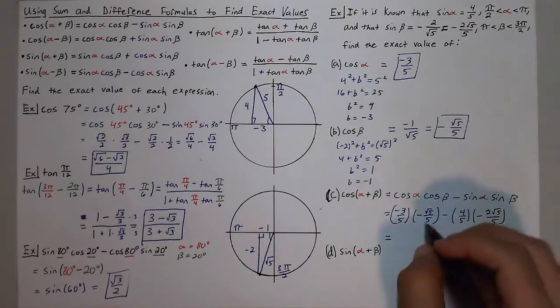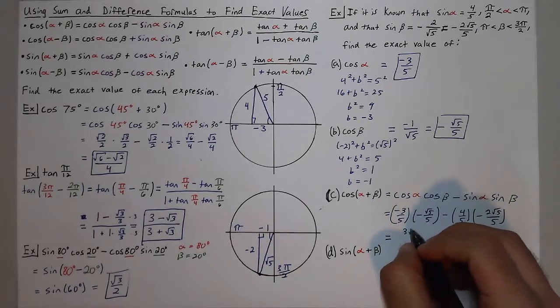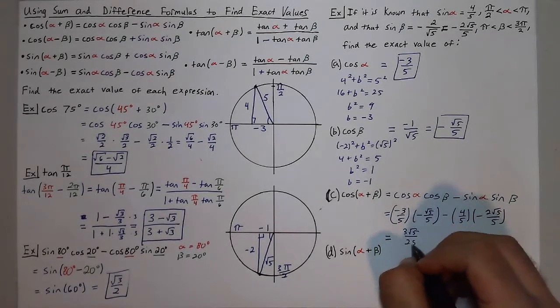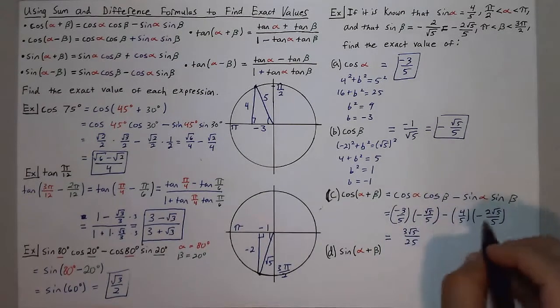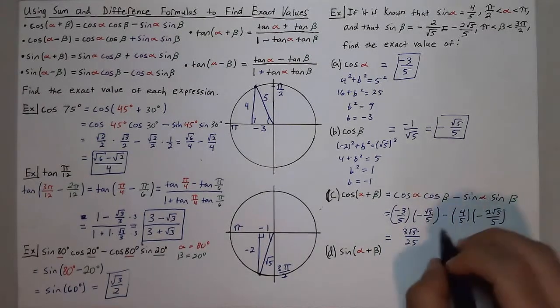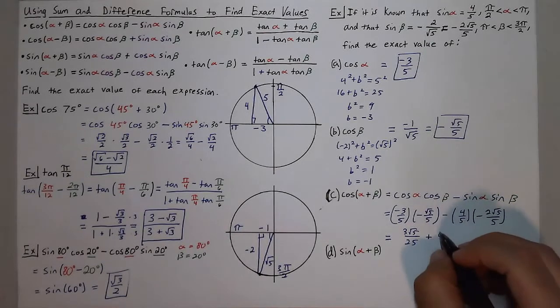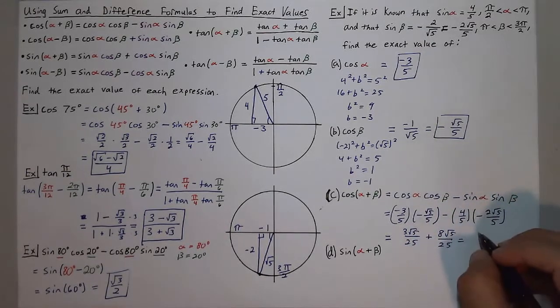Now, when I multiply these together, I get 3 square roots of 5 over 25. Here I have minus a negative, so it becomes plus 8 square roots of 5 over 25. And all together it gives me 11 square roots of 5 over 25.